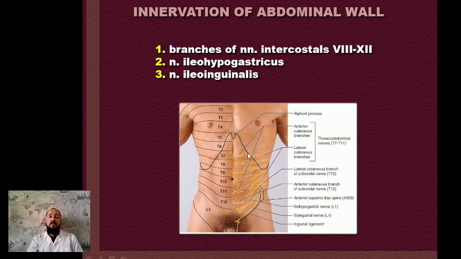As you can see, the direction is transversal, parallel. That's why longitudinal incisions can damage these nerves, and if there is a prolonged incision cutting many nerves, it could lead to paralysis of the muscles of the abdominal wall.